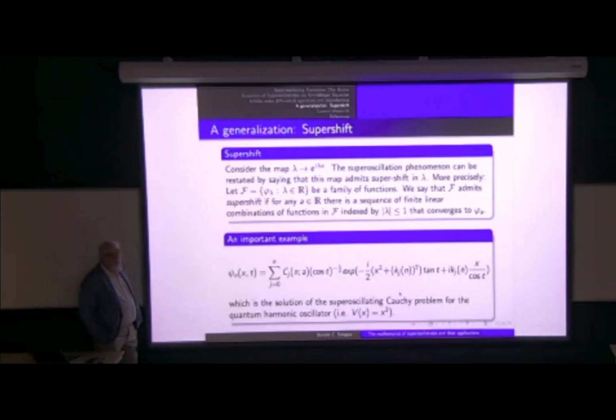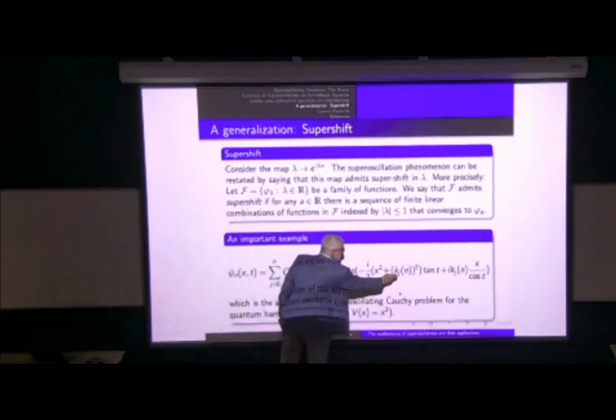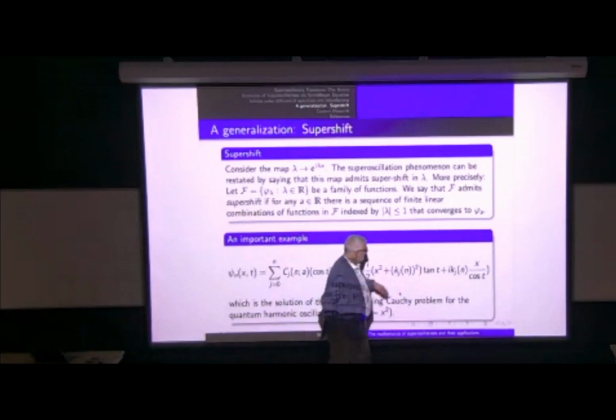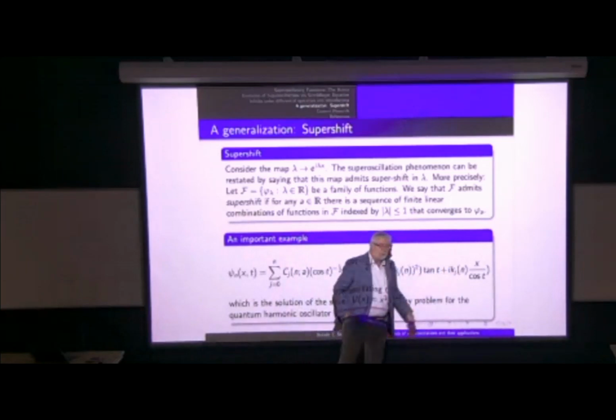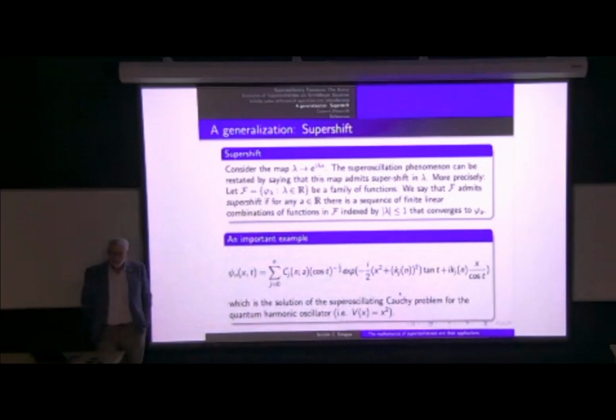But what happens here is that these frequencies k_j that appeared in my F_n now appear as coefficients of the tangent of t squared, and here as coefficient of x over cosine of t. So they're not oscillating factors anymore.